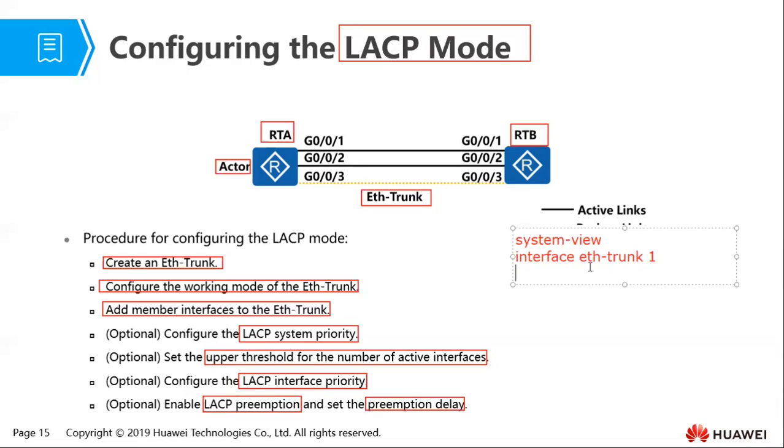Then, for example, in the previous one we created a layer 2 Ethernet trunk. Here we can try and create a layer 3. To create a layer 3, you can type undo port switch, like that. So this will create a layer 3 Ethernet trunk.